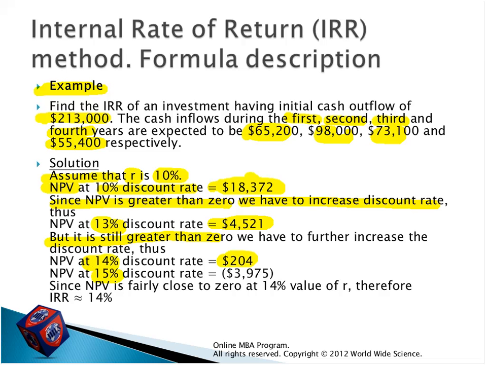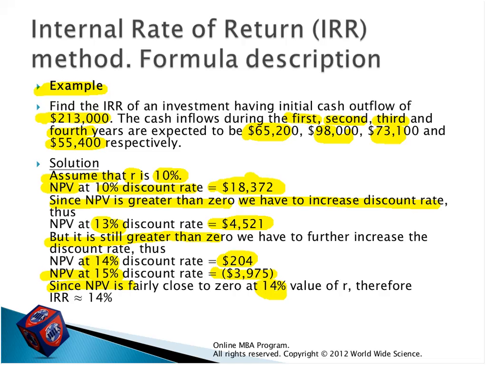At 15%, the net present value comes with a negative figure, minus 3,975. But actually, our net present value must be equal to 0. So, since the net present value is fairly close to 0 at 14%, right? Maybe it's 14.5 or 14.3%, let's say.